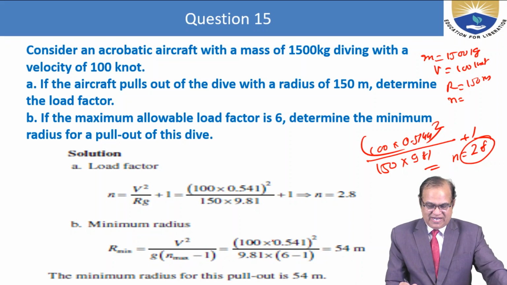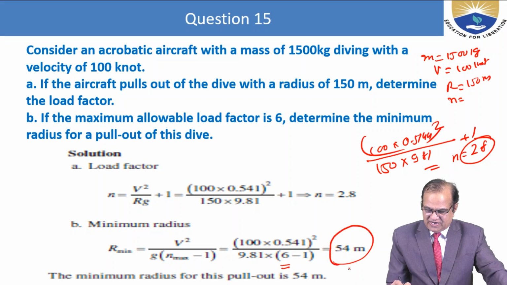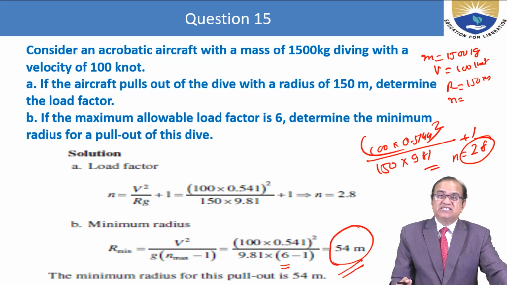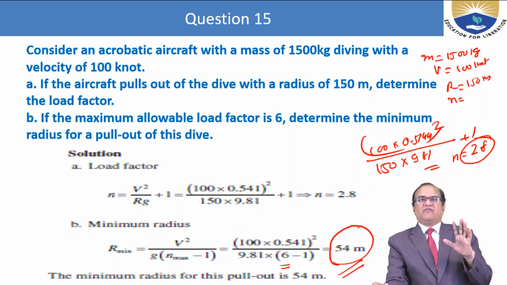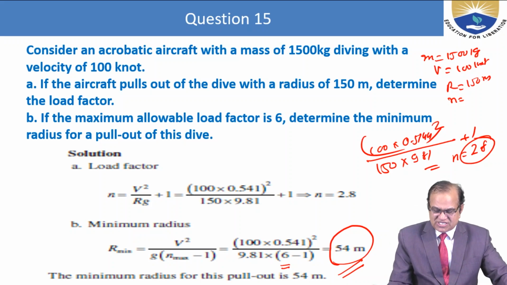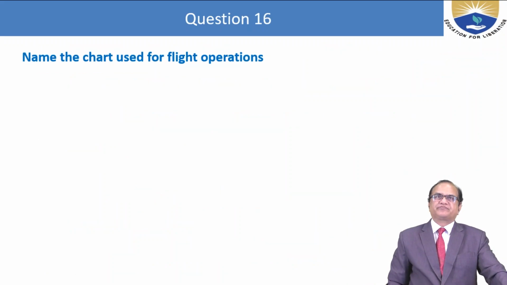V is equal to 100 into 0.514, squared, divided by 9.8 into (6 minus 1). So 54 meters is the radius. This is the minimum radius of this aircraft which it can fly. So this is the solution for the problem, that your aircraft should turn with a radius of 54 meters.